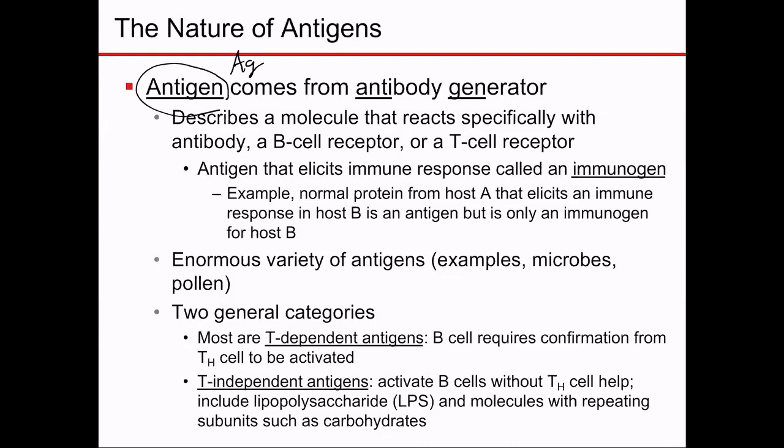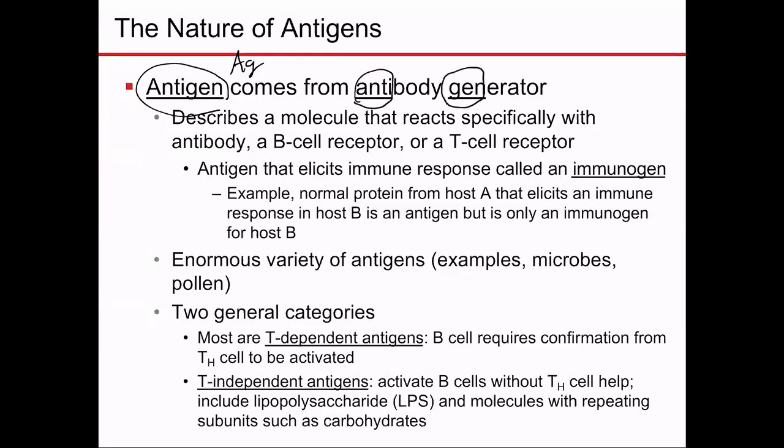And then the immune system recognizes it and produces a specific response against that. It could be, for example, a molecule that is present on the outside of a pathogen. And this name, antigen, stands for antibody generator.